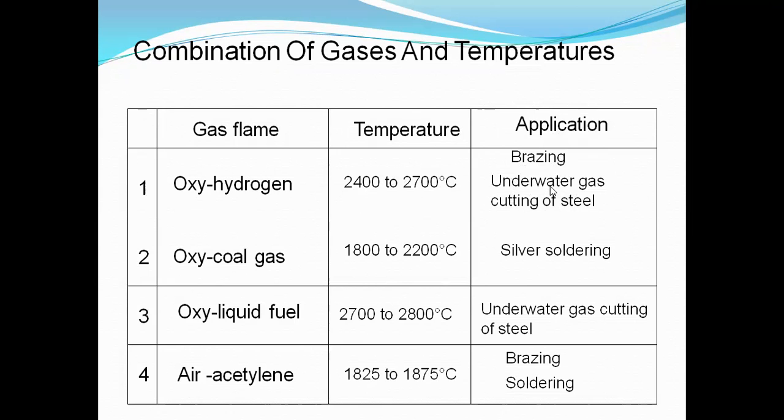These are the types of welding processes. And oxy coal gas, temperature 1800 to 2200 degrees centigrade, is used in silver soldering. Next, oxy liquid fuel, 2700 to 2800 degrees centigrade, for underwater gas welding.